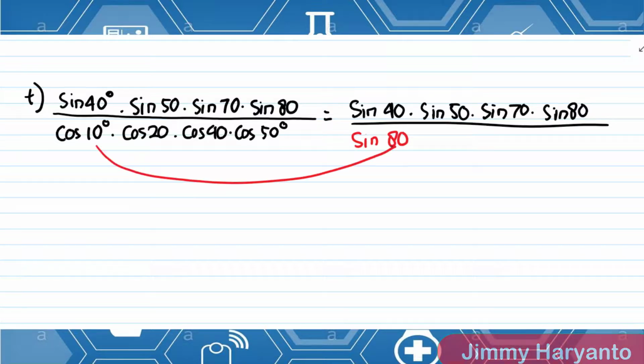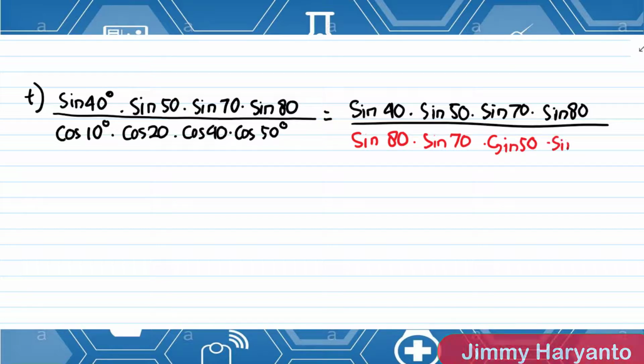Why? Because when I add them up, it will be 90. And then this one is sin 70, and then this one is sin 50, and then this one is sine 40. After that I can cross out sine 40, sine 50, sine 70, and sine 80 equals to 1.